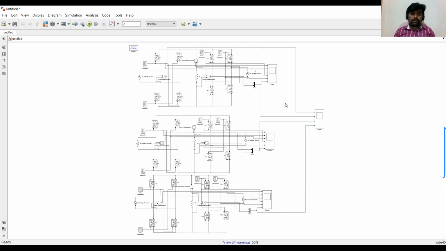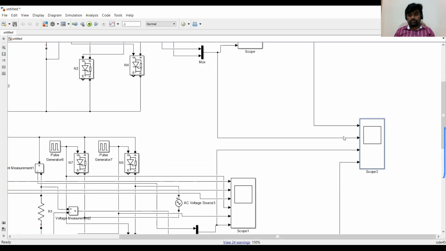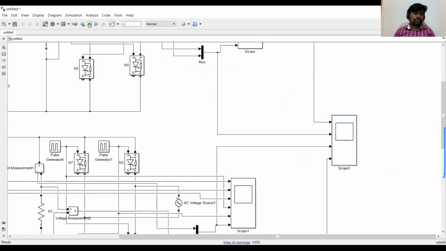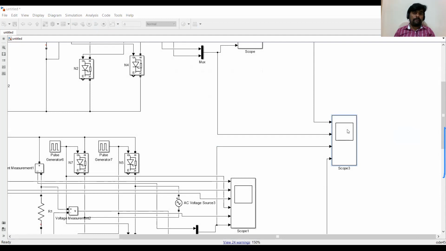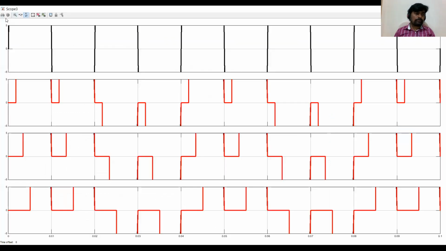All right. So now we'll simulate the circuit, and now this scope you can see.